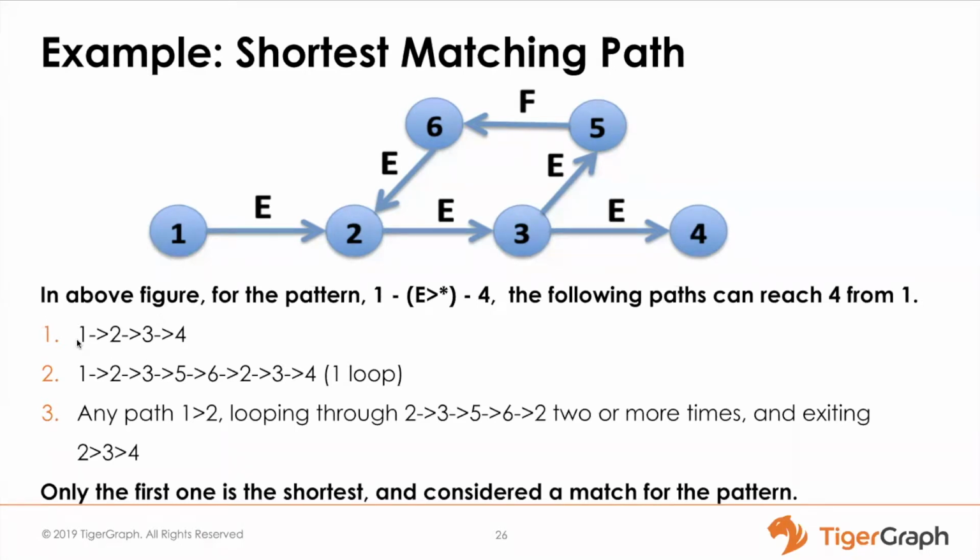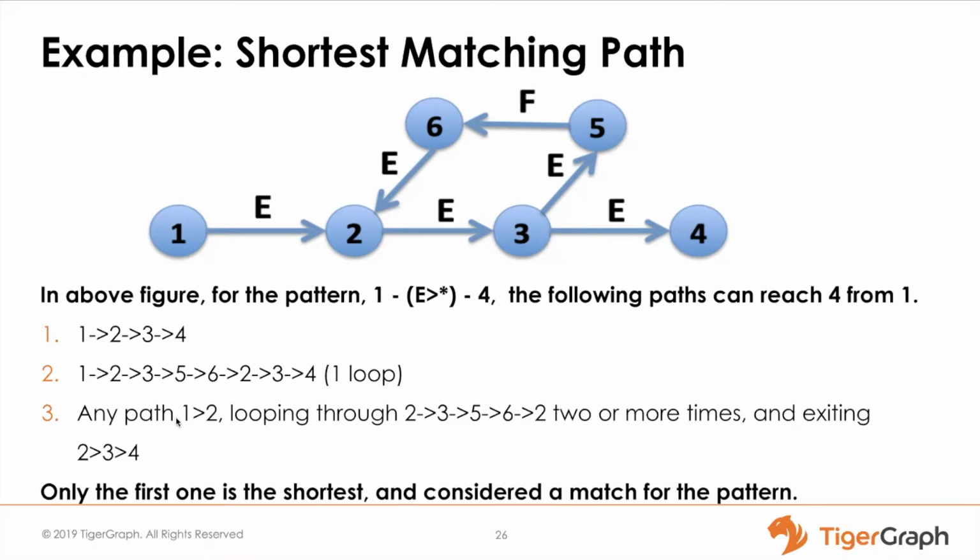Let's say I do a naive search algorithm. I can find 1, 2, 3, 4, this match. The second match is 1, 2, 3, 5, 6, 2, 3, 4. So I go through one circle and then jump out from 3 again to 4.